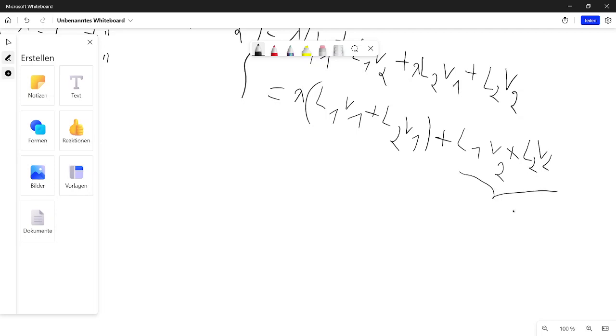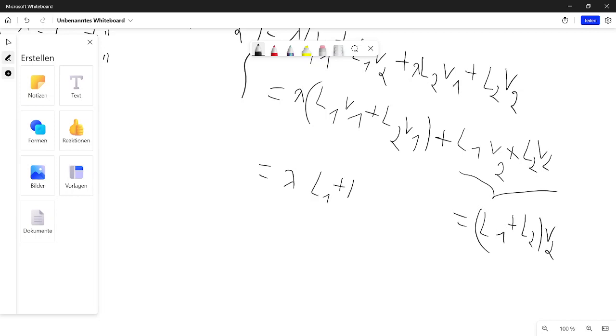And you recall that this now was by definition just L1 plus L2 evaluated at v2, and this was lambda, and here I use the definition again, right?